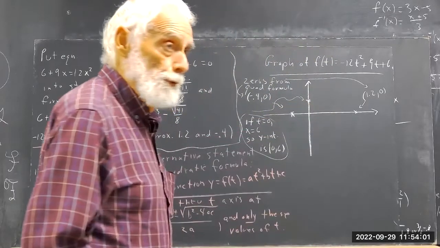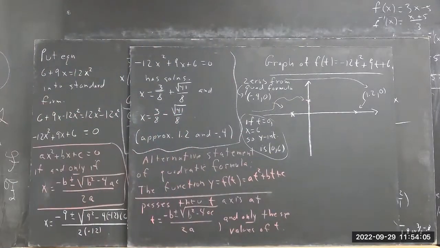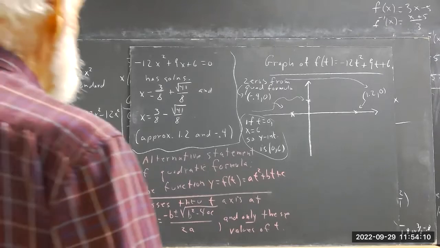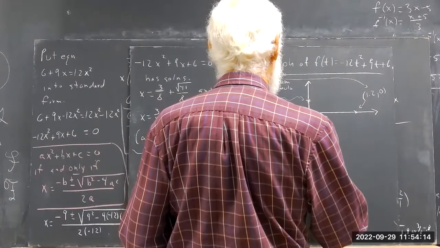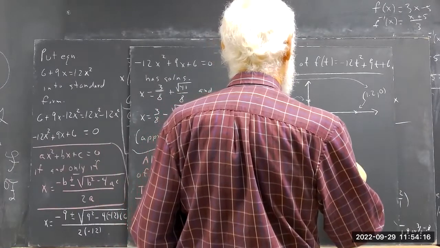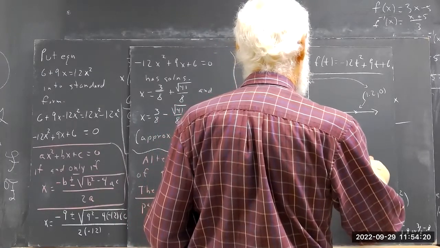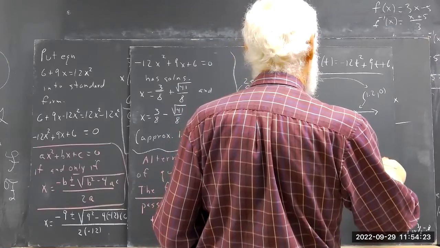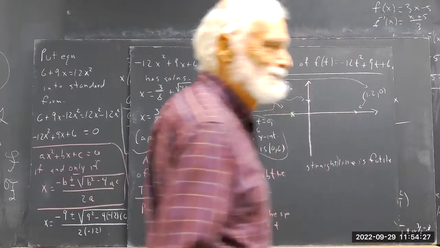Now I've got 3 points on the graph. I can't draw a straight line through those 3 points. A straight line is futile, or as Captain Picard would say, futile.